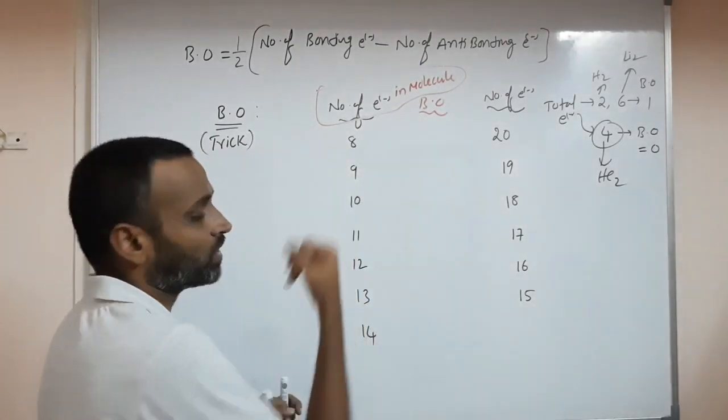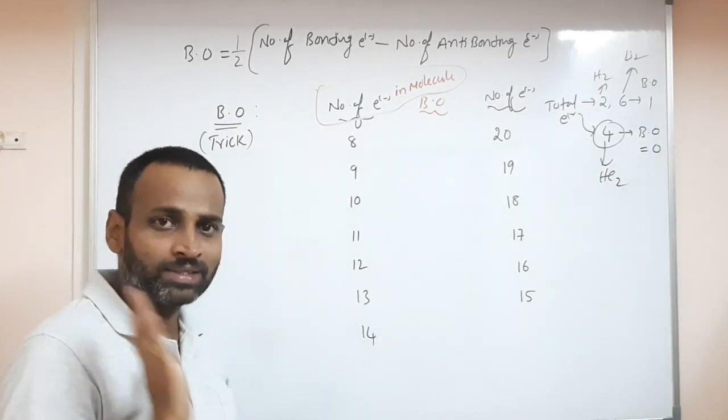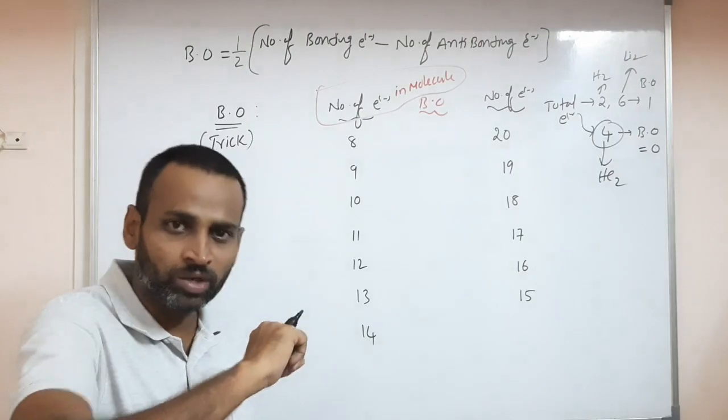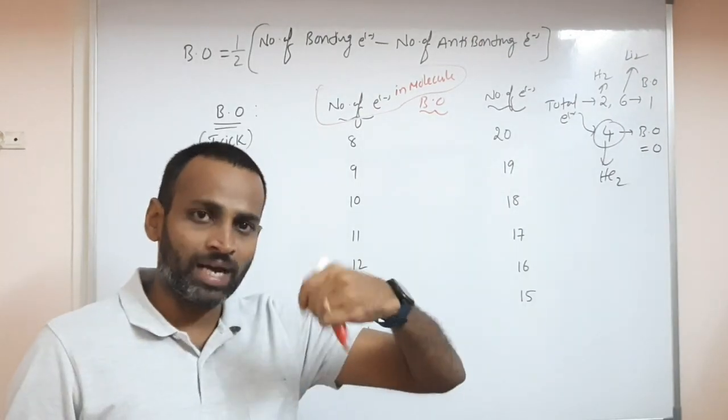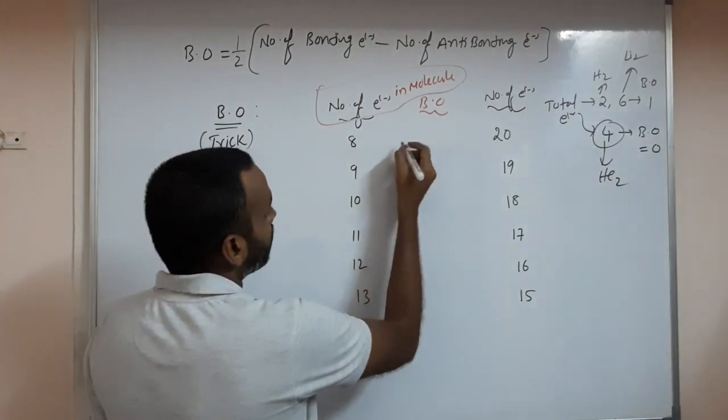You have to say what is the bond order: CN minus, CN plus, NO plus. Like that, if they ask, you can say the bond order. Plus means you have to remove electrons, minus means you have to add electrons. Understand?